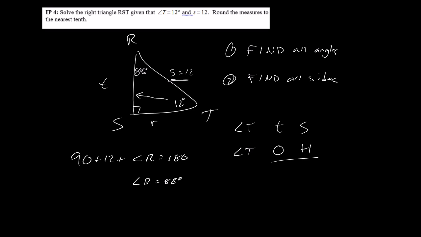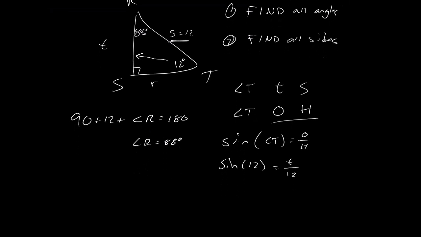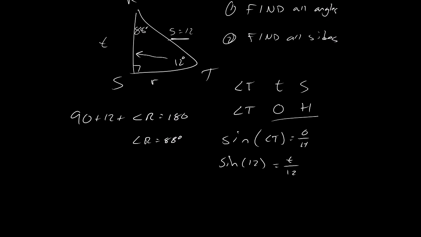So when we have opposite and hypotenuse, using SOHCAHTOA, we know that sine of our angle T is equal to our opposite over our hypotenuse. We have sine of 12 is equal to T over 12.